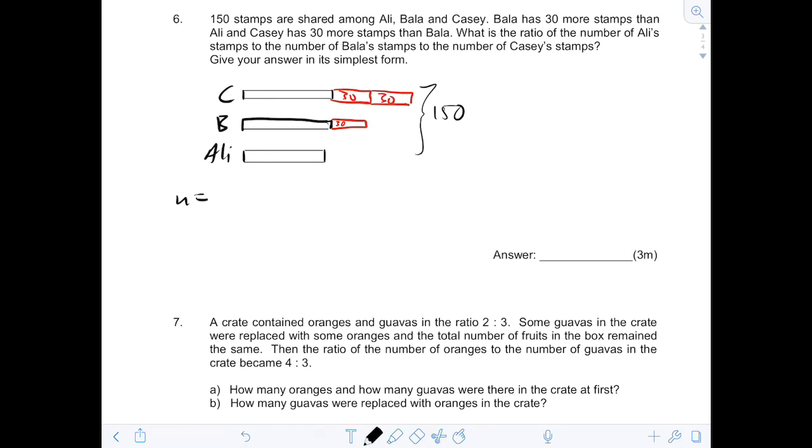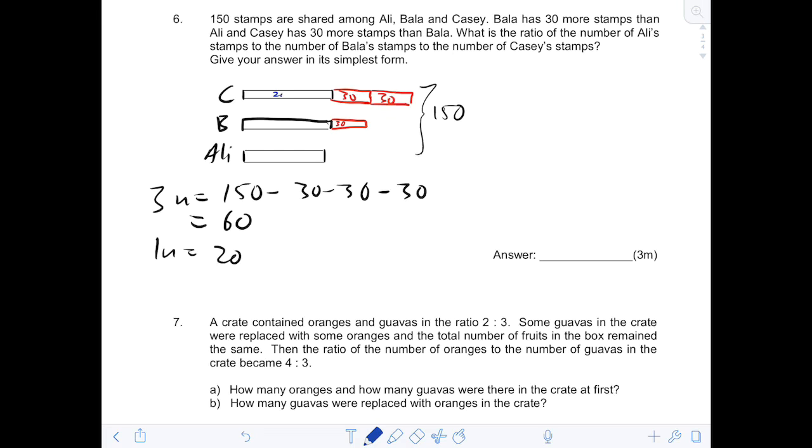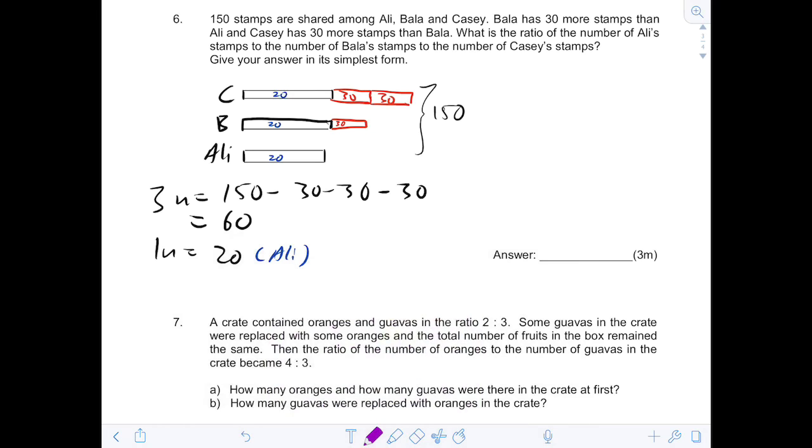So in this case, 3 units will be equals to 150 minus 30 minus 30 minus 30, and it'll give you 60. 1 unit will be equals to 20. We know that this 1 unit is actually Ali. Alright, so now let's find for the rest.